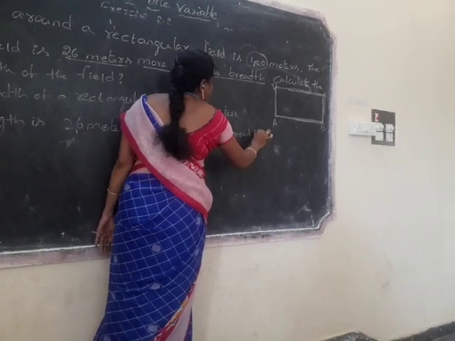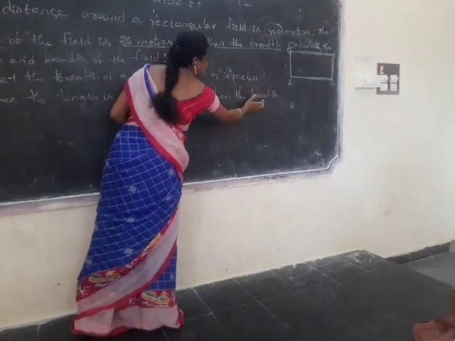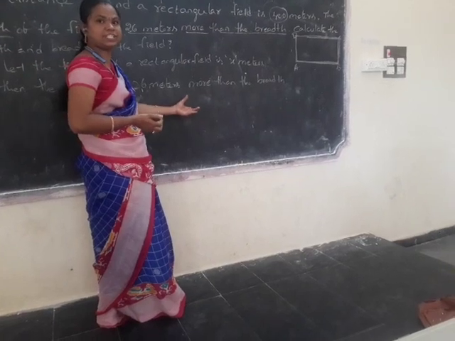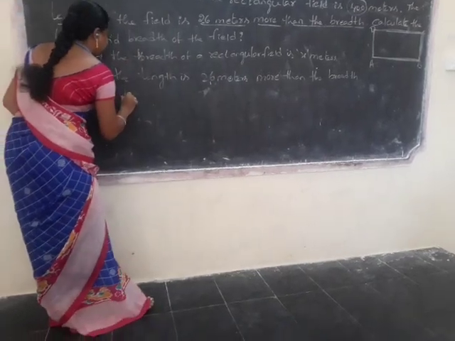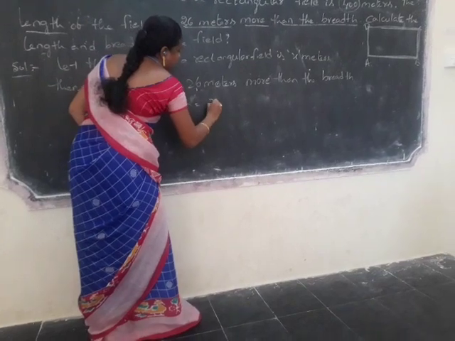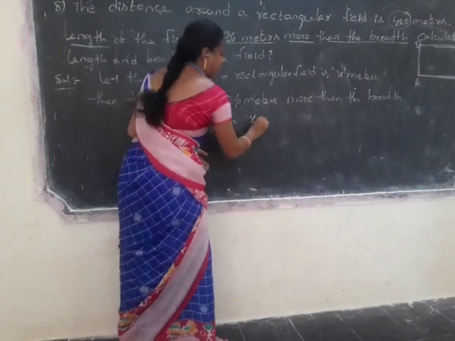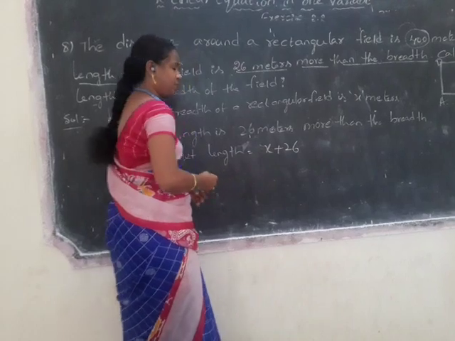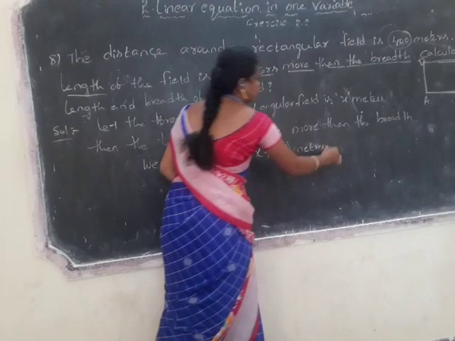Here the breadth is x, and the length is 26 meters more, so we take the addition symbol. Okay, students, length is x plus 26 meters.